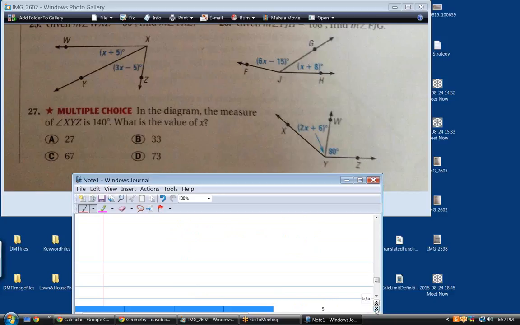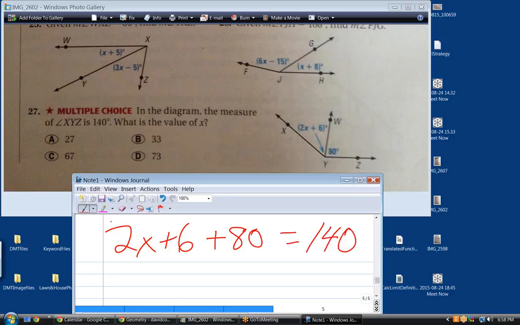So what can we say? 2x plus 6 equals 80. No, plus 80. Oh, plus, okay. In other words, this angle plus this angle make XYZ, telling us that XYZ is 140.